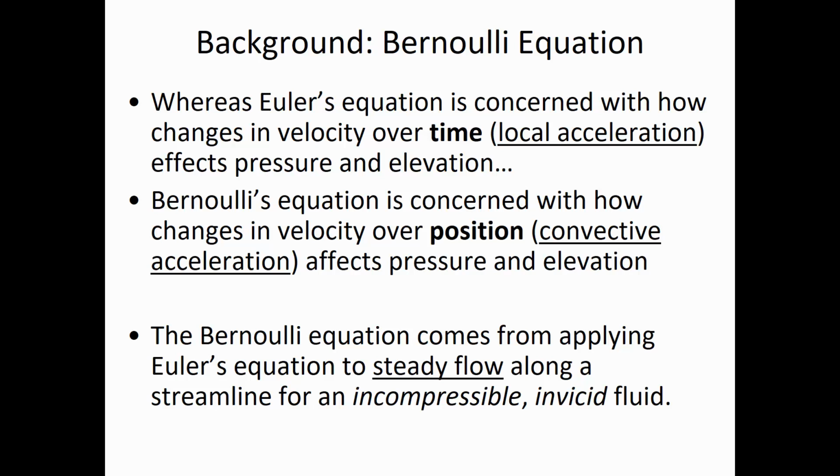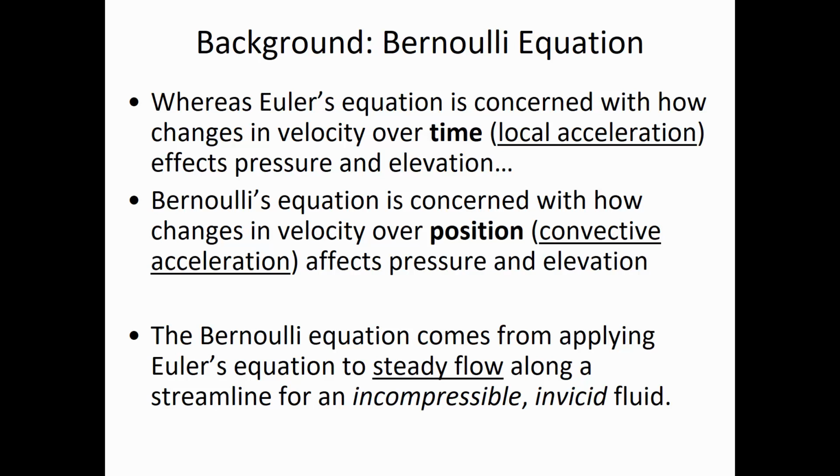Now, these last 2 points, well, wait, along a streamline. So what it means is that here's location 1, and here's location 2. They're on the same streamline. Bernoulli's equation couldn't be used to predict how the pressure is changing, for example, here versus here.